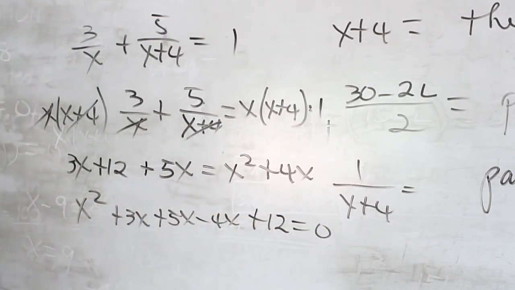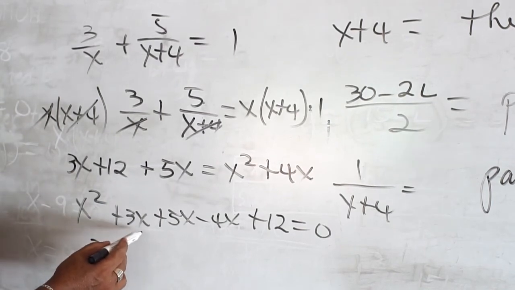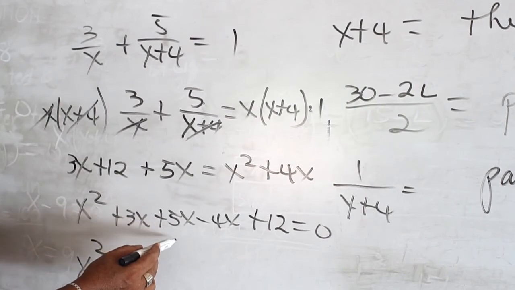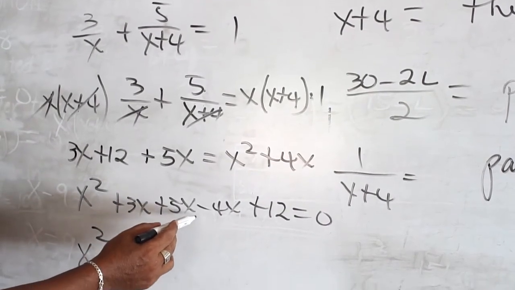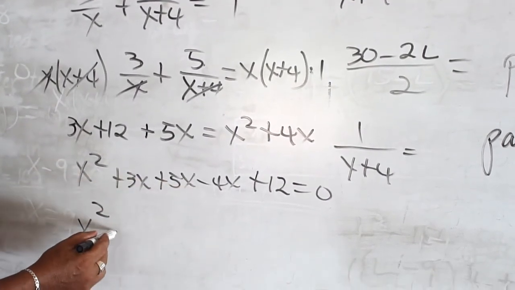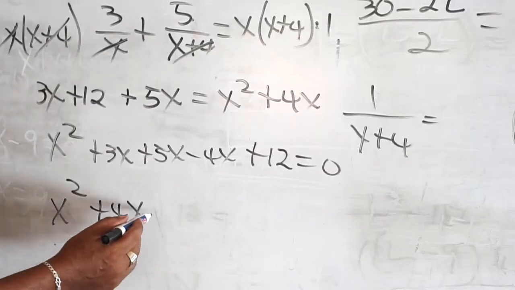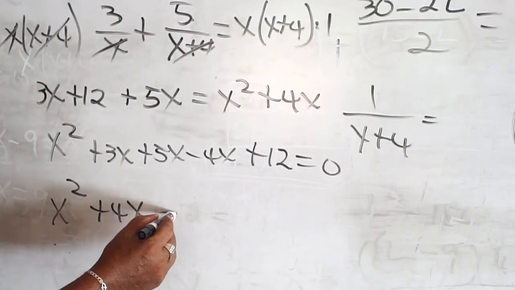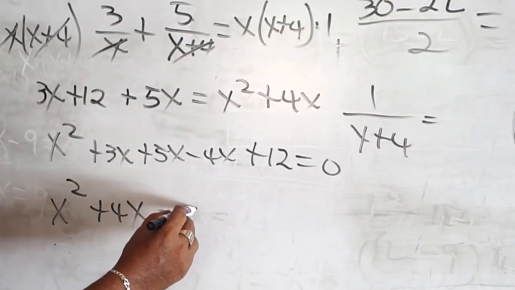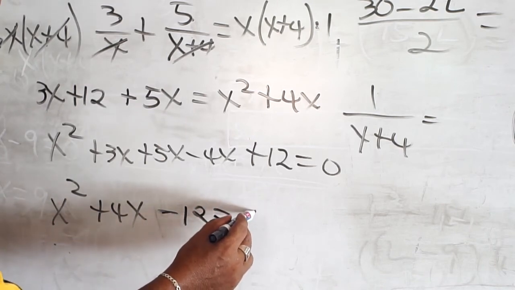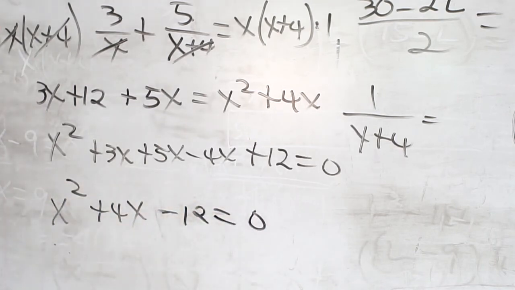Simplify. We have x squared, then 3x plus 5x is 8x, then 8x minus 4x is positive 4x. So we have x squared plus 4x minus 12 equals 0. Then find the factors by using factoring.